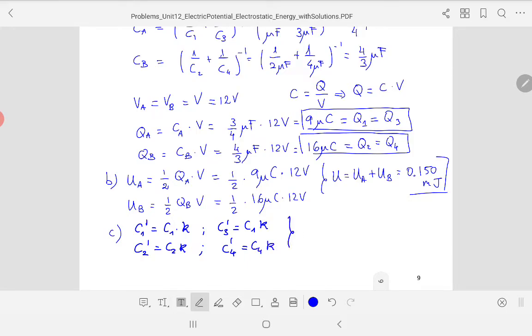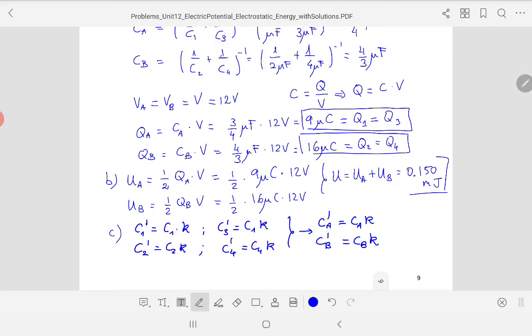So if you redo the numbers, you will end up showing that the equivalent capacity of A in this new set is going to be the old one times kappa, and for B it's going to be the old one times kappa.